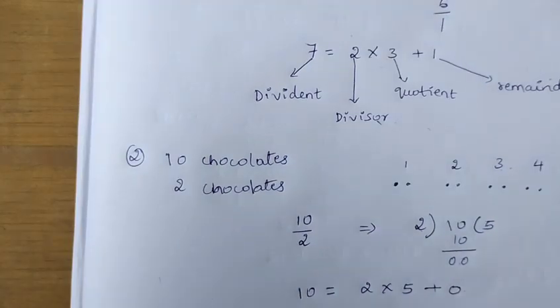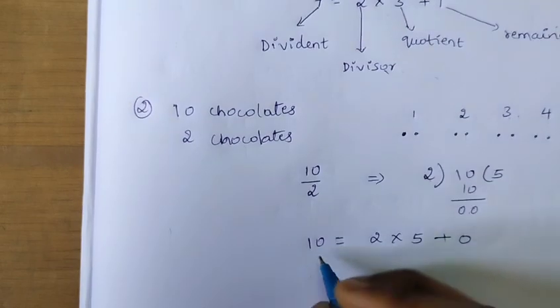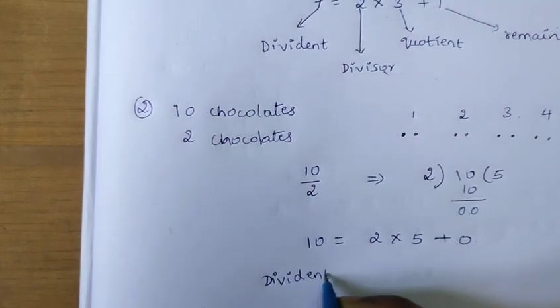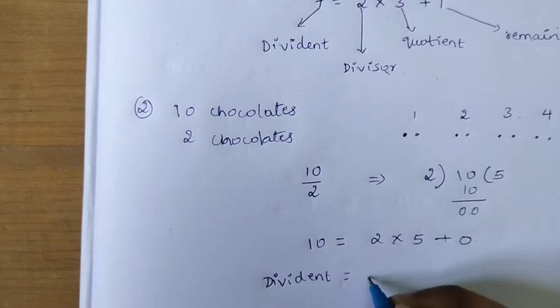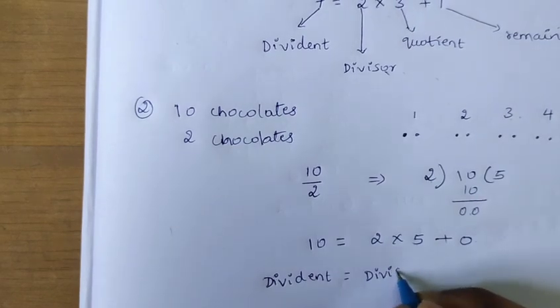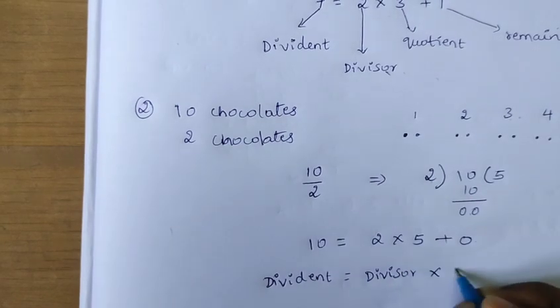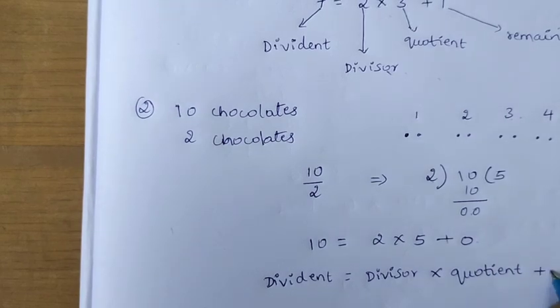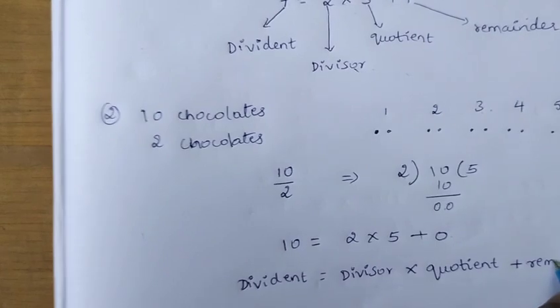In this equation, 10 is my dividend, which is equal to 2, my divisor, into quotient, plus remainder. 0 is my remainder in this case.